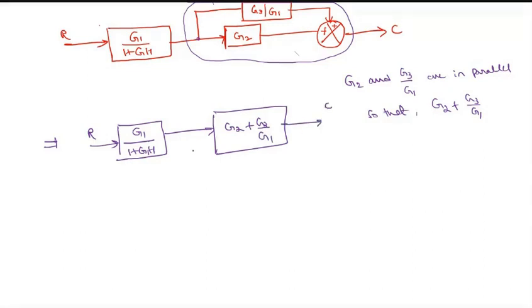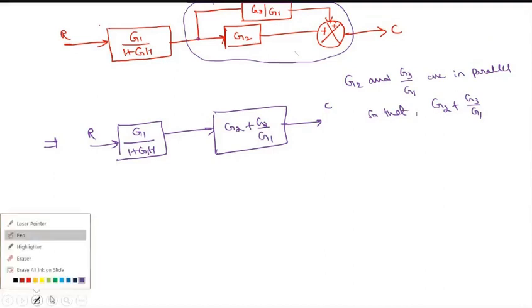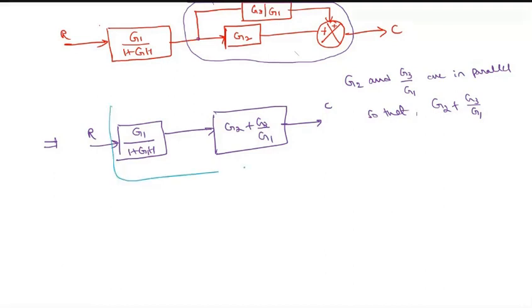C. Now if you look again at the final diagram, it indicates that two blocks are cascaded. So this indicates that two blocks are in series. If two blocks are in series, what is the resultant? Multiplication of these.